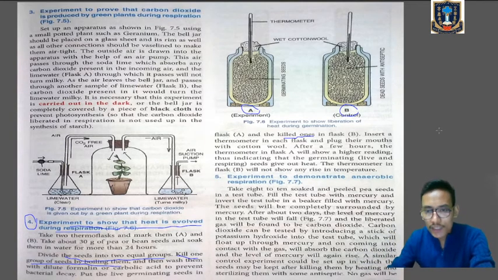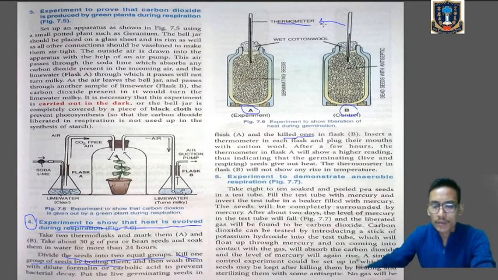After that, you can see over here we are putting the thermometer in each flask. Here you can see the thermometer, and this is also a thermometer. Their mouths will be plugged with the help of wet cotton wool.